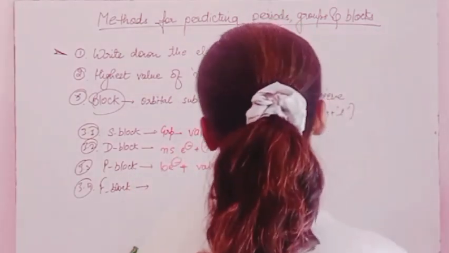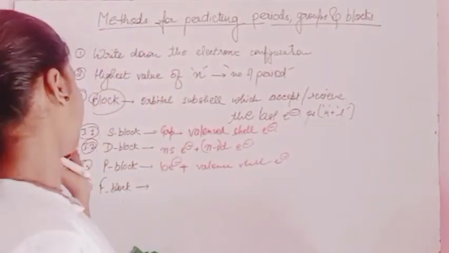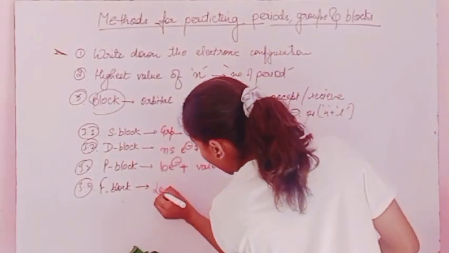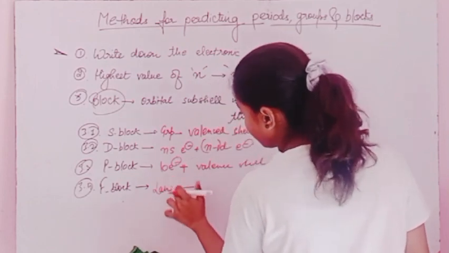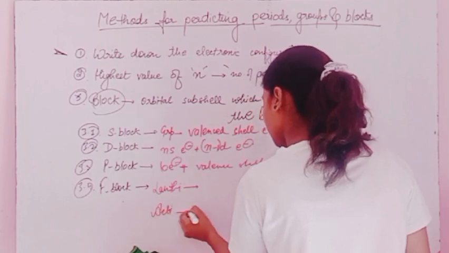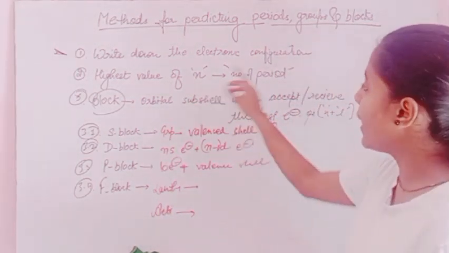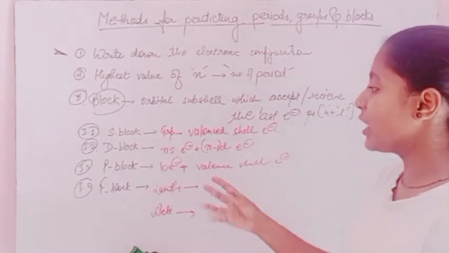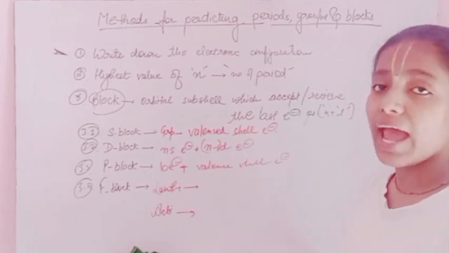Talking about your F block, now here F block is somewhat interesting. Why? Because here the classification is lanthanoids and actinoids, right? So for knowing the period, you will directly know which group that particular element from the F block belongs to.